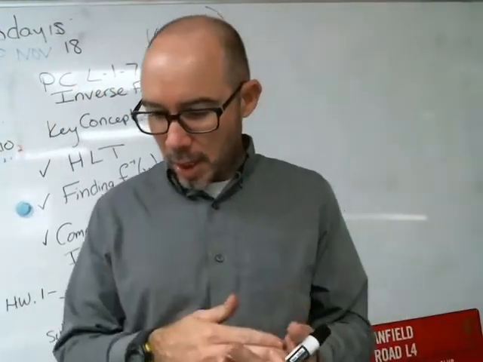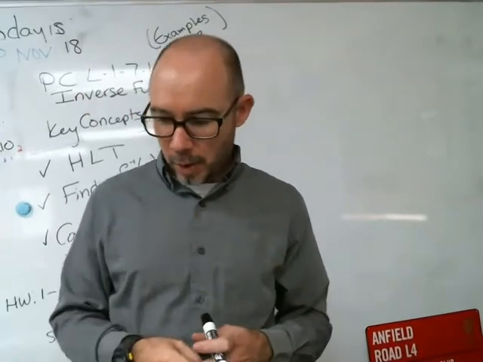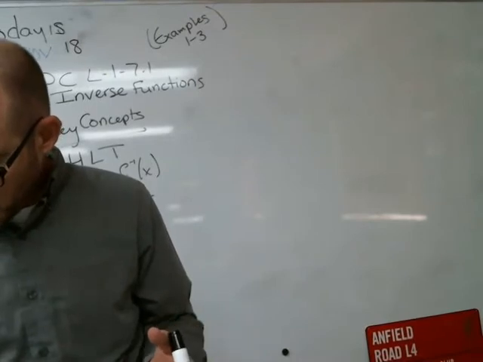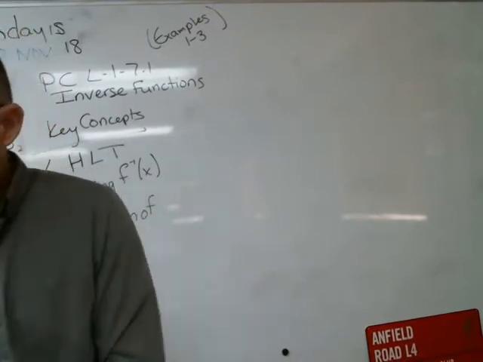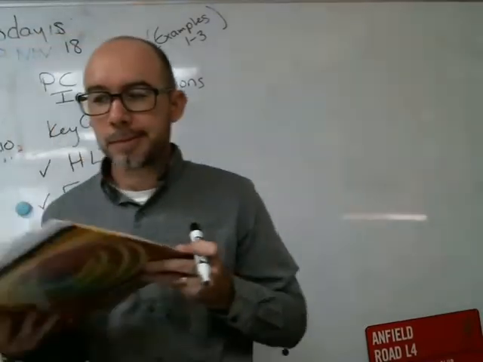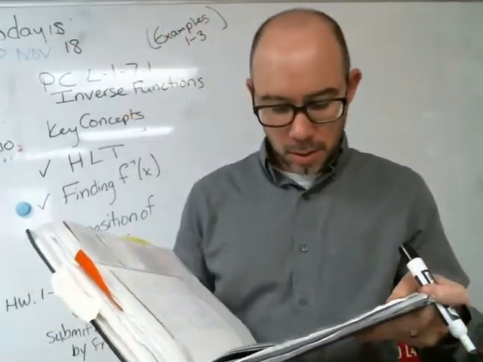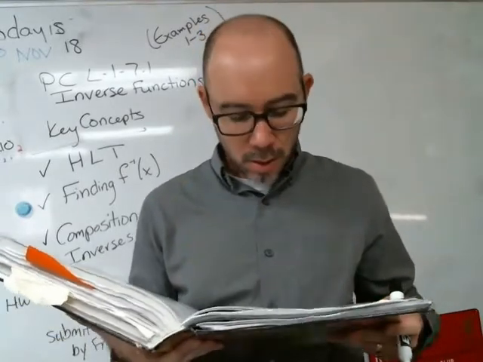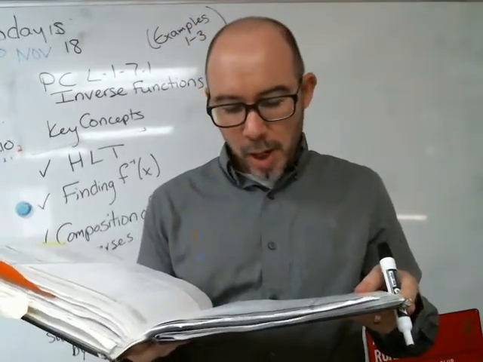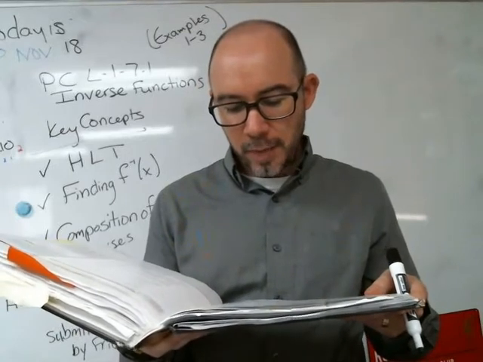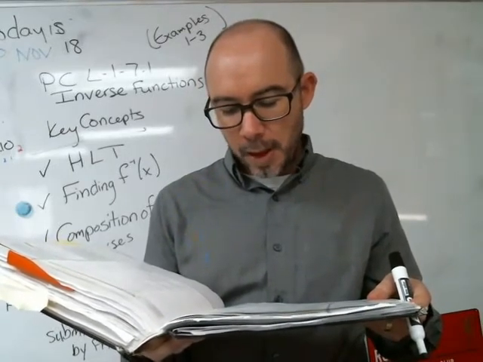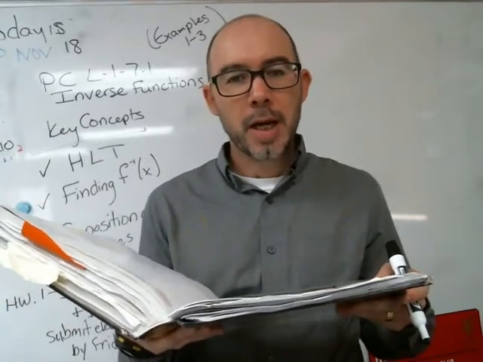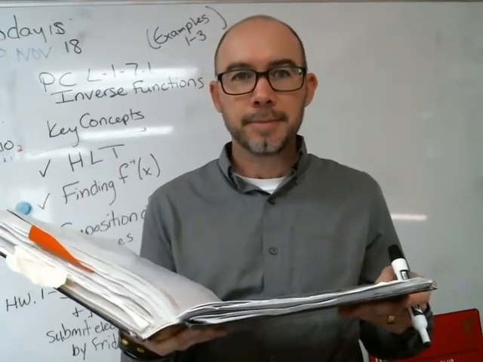This gives us a 4-part algorithm for finding the formula for the inverse of a function. I'll read it out loud, but you can hit pause and write them down one at a time. This should definitely go in your notes. Step 1, determine whether the function has an inverse by checking to see if it's 1-to-1 using the horizontal line test. Step 1, apply the horizontal line test.